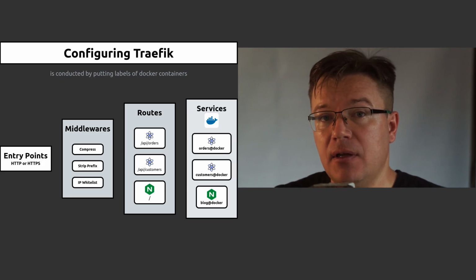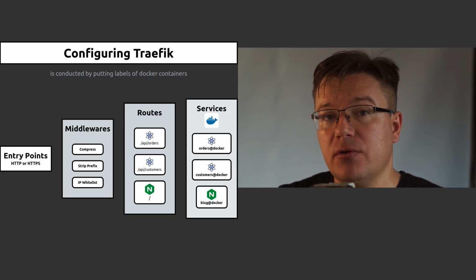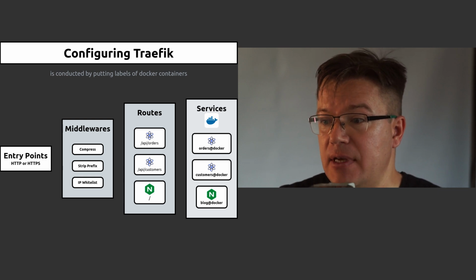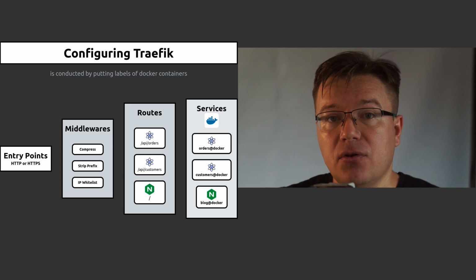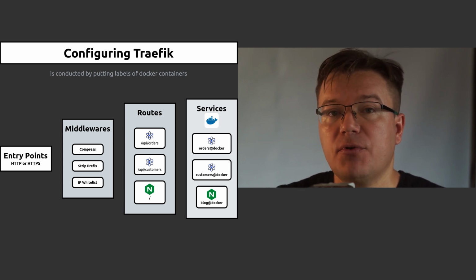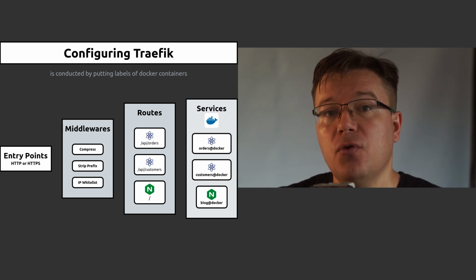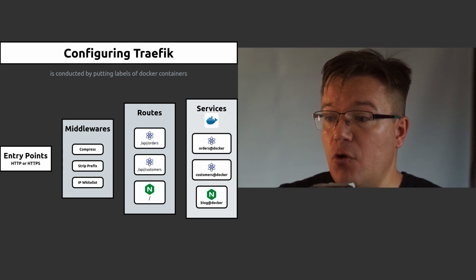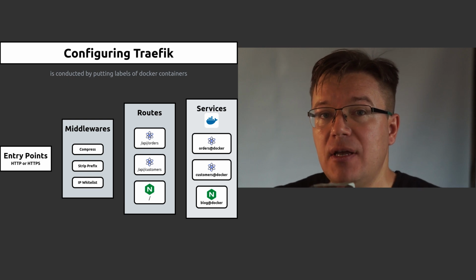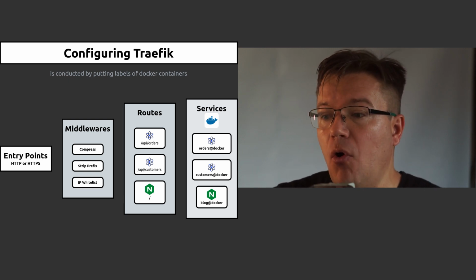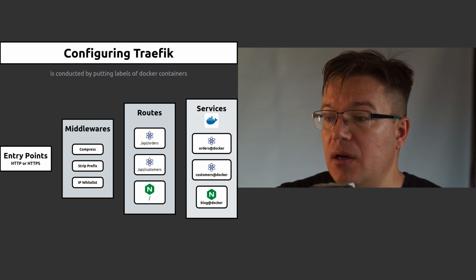Configuring Traefik is done by putting Docker labels on the Docker containers. Roughly speaking, to add a microservice to a load balancer, you will need to provide labels with configuration for 4 types of resources. From left to right, first, Entrypoints are actually unique ports that should be open on a host machine.